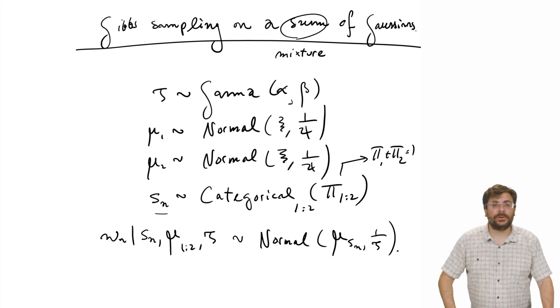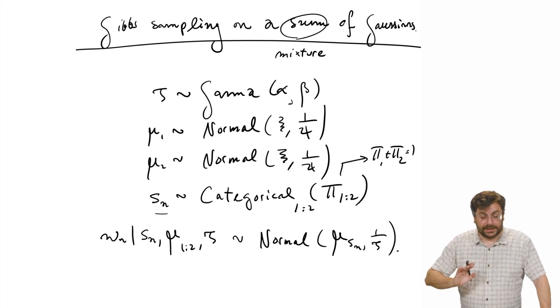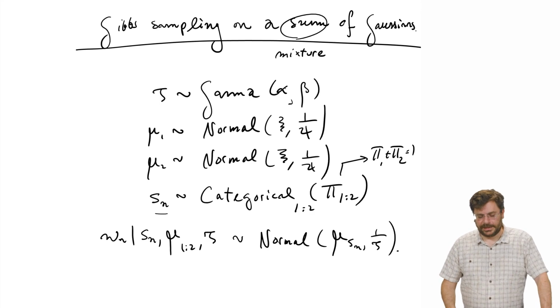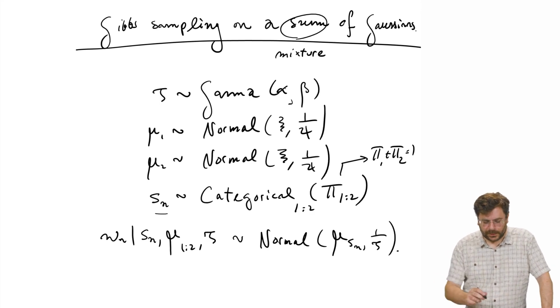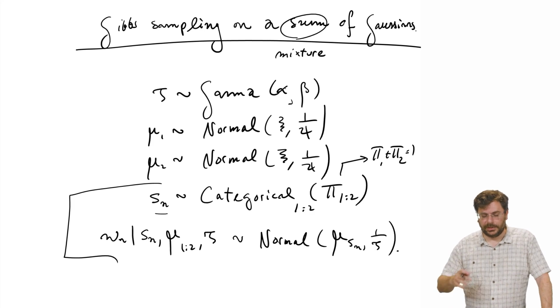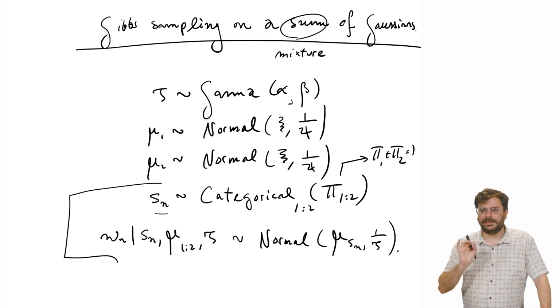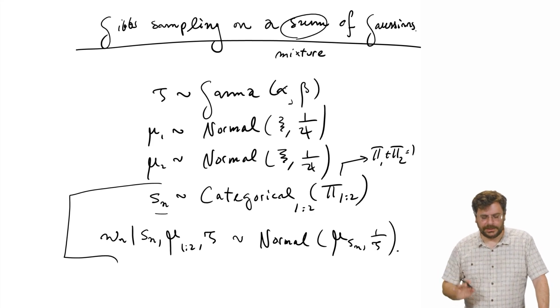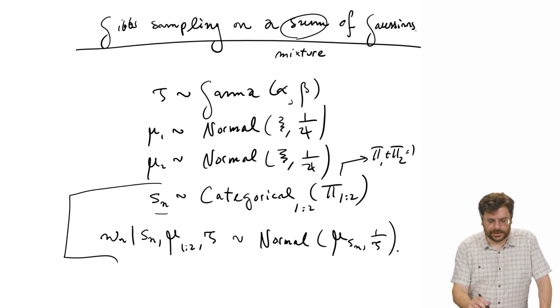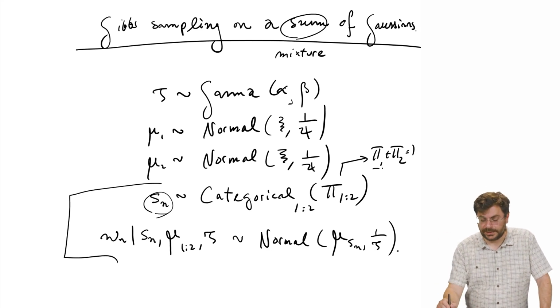Okay, so let's say a word or two about this example, because it's already considerably more complicated than the previous example we've looked at. These two lines are our generative model. If I want to synthesize or generate the data, I first have to say, okay, for this data point, and all the data are going to be IID, I draw my data from one of the two Gaussians with some weight.